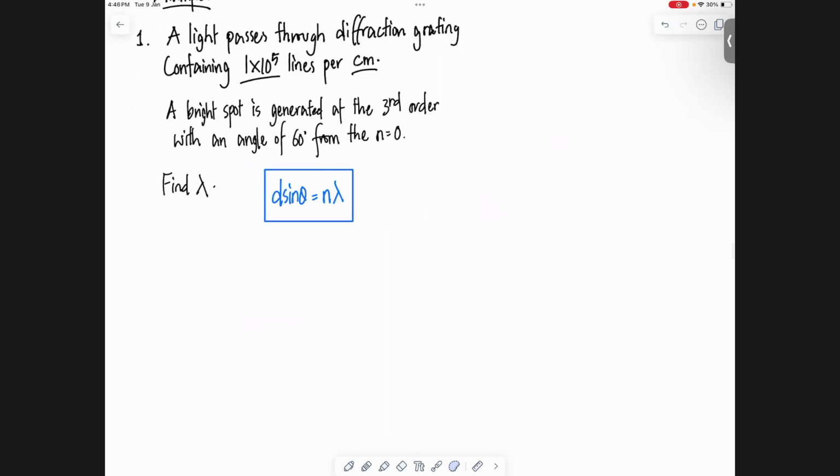Okay, try this. This is very basic. Light passes through a diffraction grating containing 1 into 10 to the power 5 lines per centimeter. A bright spot is generated as a third order with an angle of 60 degrees from the center. Find the value of lambda. So screen, diffraction grating.